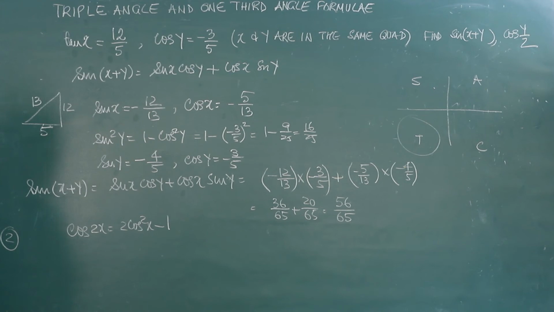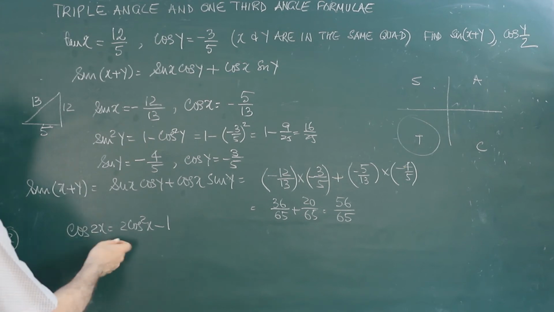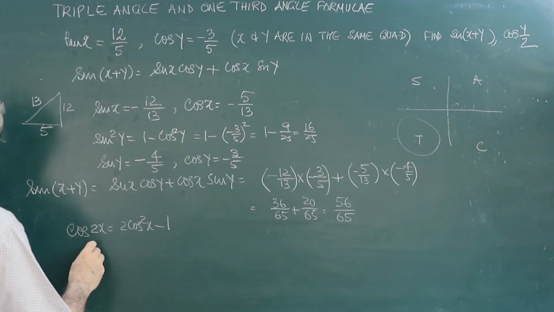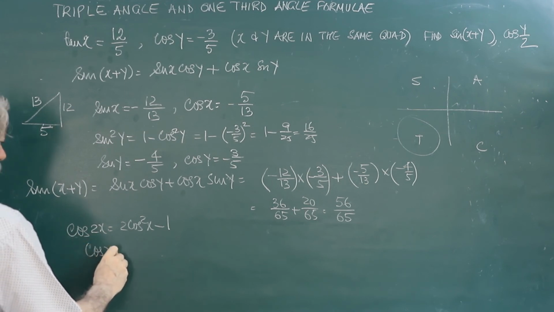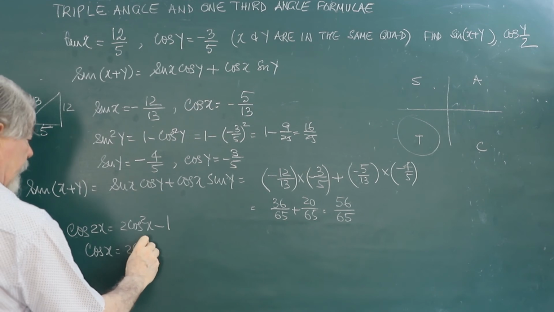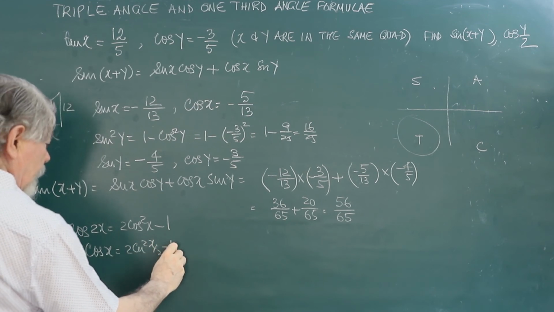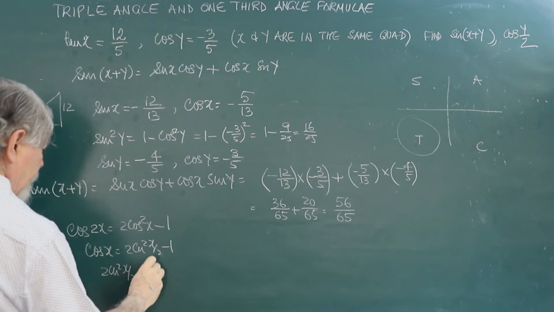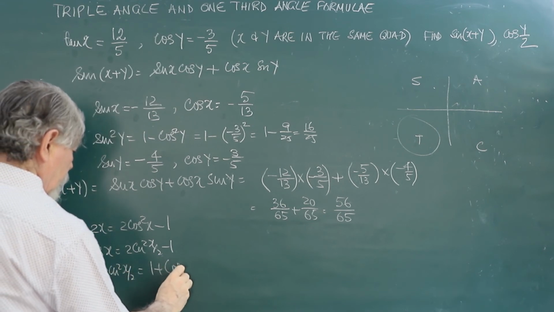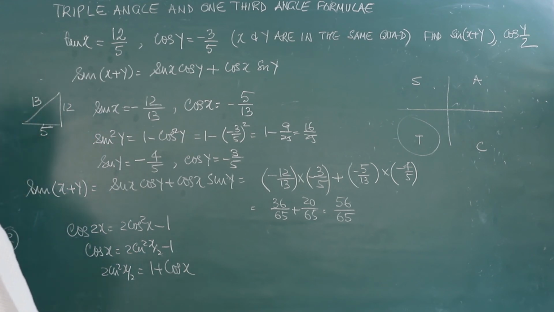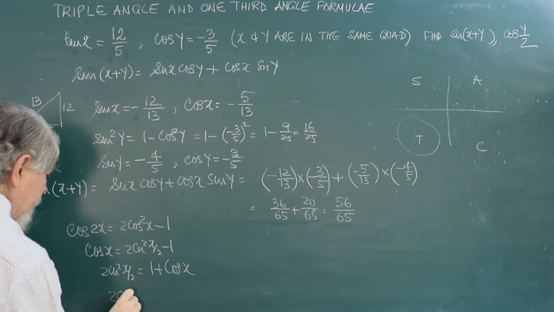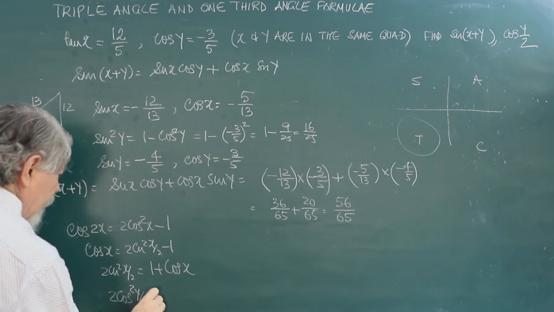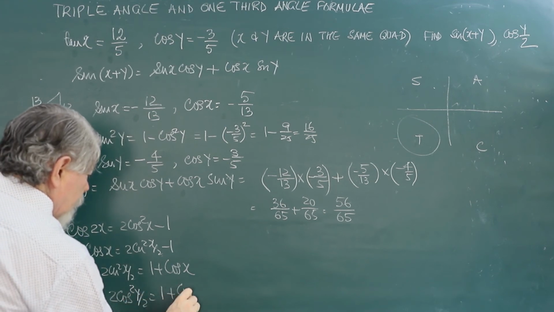Or if I want to write it in terms of x upon 2, it will become 2 cos square x upon 2 minus 1. Or 2 cos square x upon 2 will be 1 plus cos x. I want to calculate y by 2, so 2 cos square y by 2 will be 1 plus cos y.